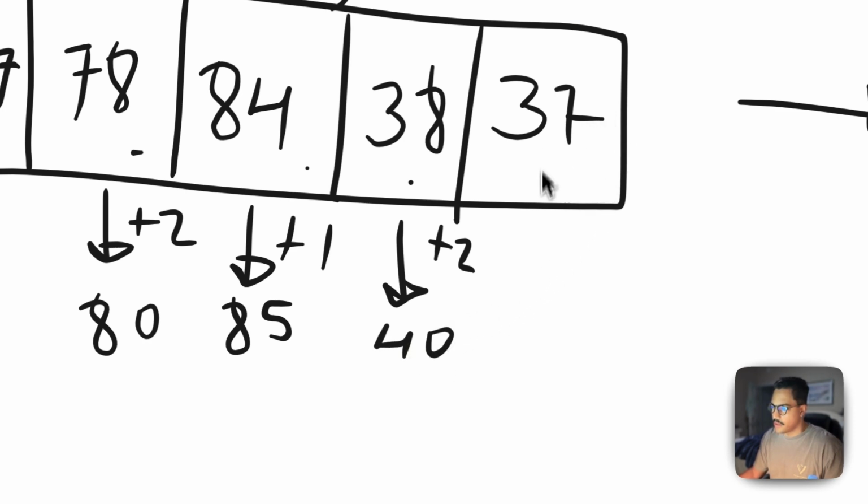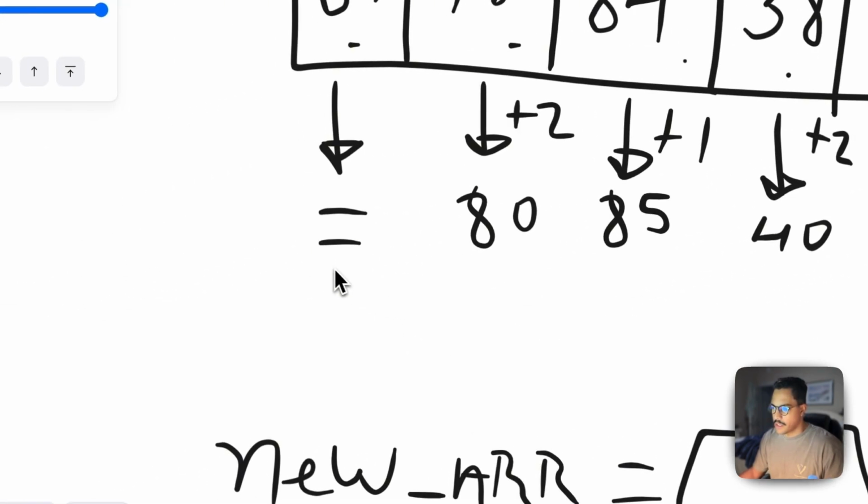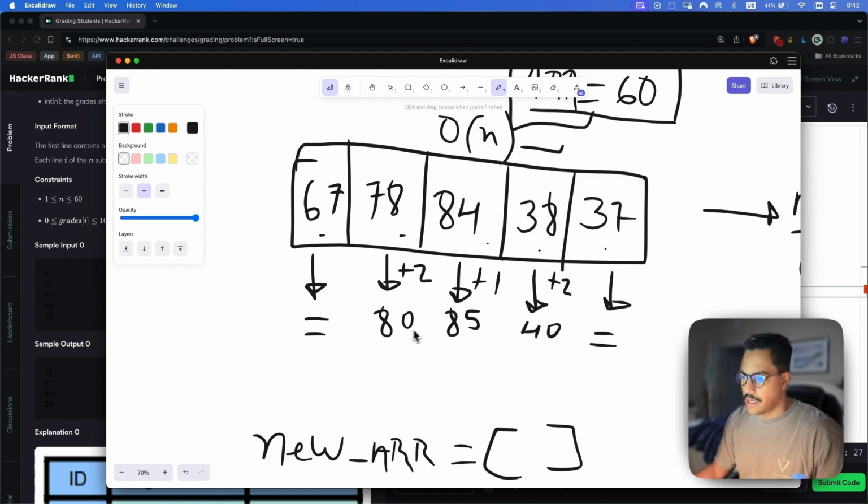And 37 is lower than 38, so we're not going to operate on it, so it passes the same. The resulting array would be 67, 80, 85, 40, and 37. That's what we want. Now, I can see that I'm adding 2, 1, and 2 to get to that number.